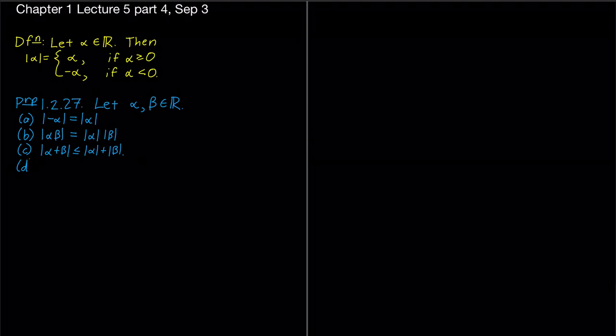And part D, which I will actually tell you, is sometimes called the reverse triangle inequality. The difference of the absolute values is less than or equal to the absolute value of the difference. And one other one that's obvious, but let's go ahead and write it out. The absolute value of alpha is greater than or equal to 0.